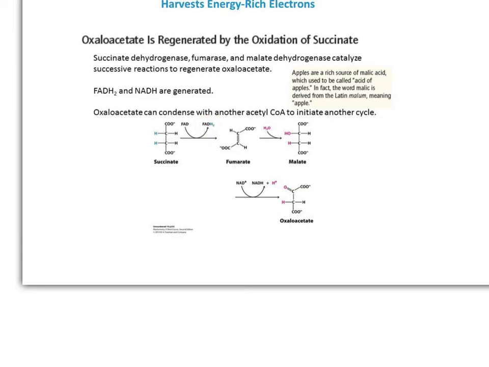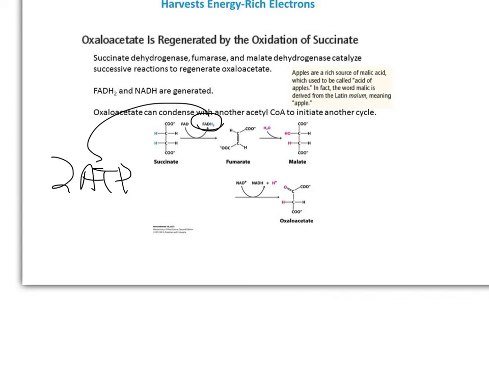And FADH2 can go on into the electron transport chain and be cashed in for 2 ATPs, it turns out, as we'll learn. And it's not exactly 2. It'll be like, I forget what it is, something like 1.9. It generates enough energy to do that, so we always round it. And typically in textbooks, that's often what you'll see. They just round it to the nearest ATP. So you get 2 ATPs from that.